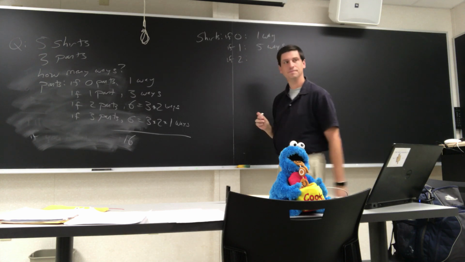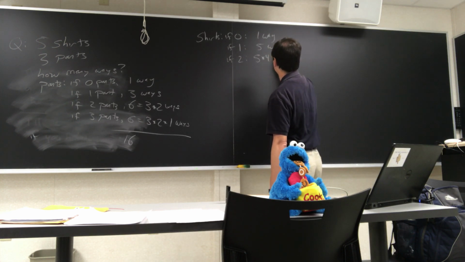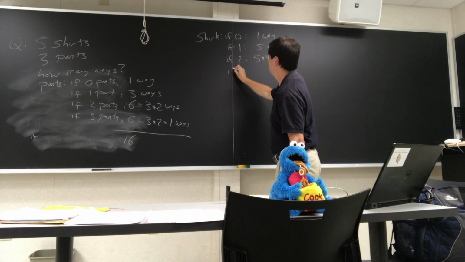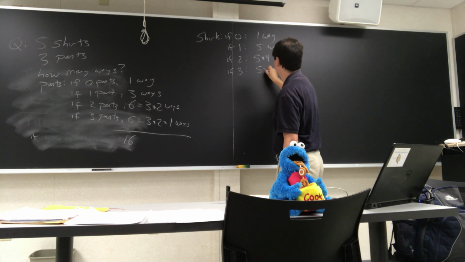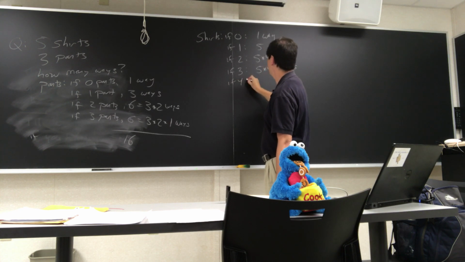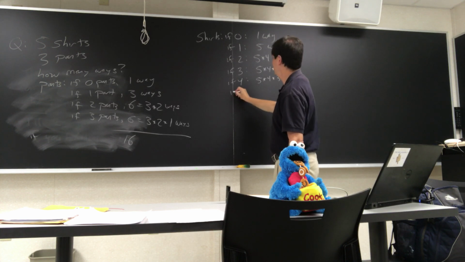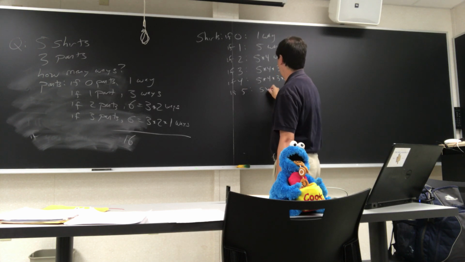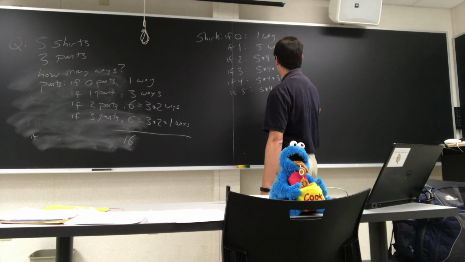If 2, 5 times 4. If 3, our pattern is hopefully obvious at this point. If 4, 5 times 4 times 3 times 2. If 5, 5 times 4 times 3 times 2 times 1.